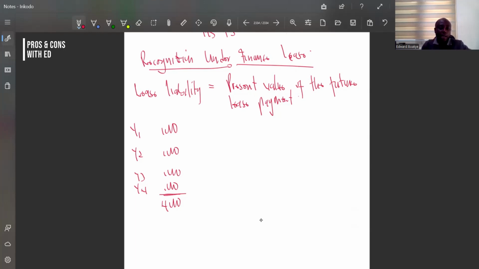We want to know our liability today. 1,000 today is not the same as 1,000 in 4 years' time, or in 2 years' time, or even in 1 month's time. So if we want to know the actual amount based on the time value of money, we have to bring it to the present.